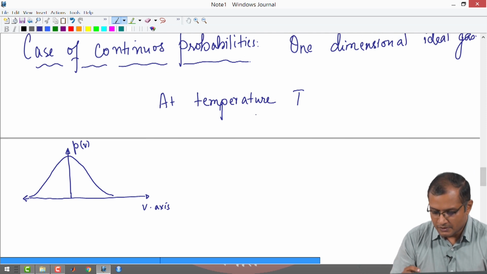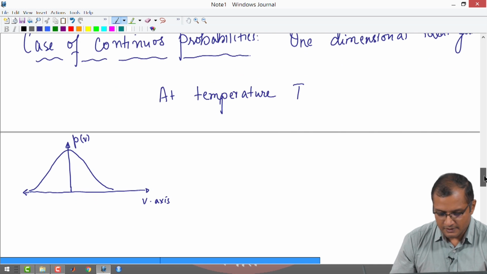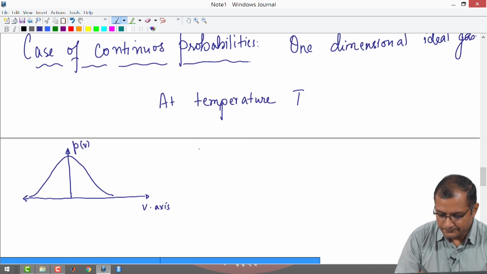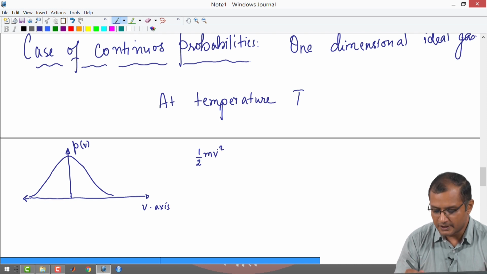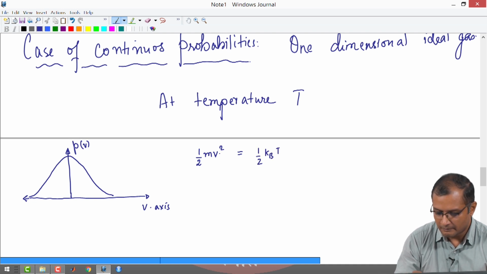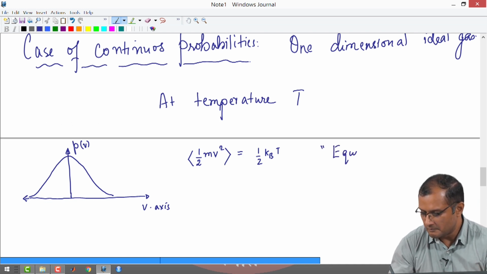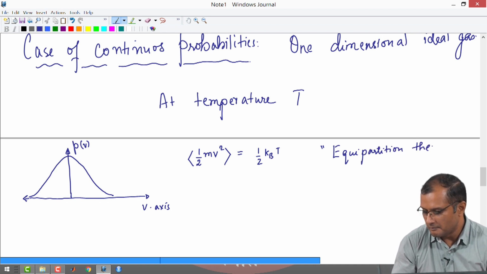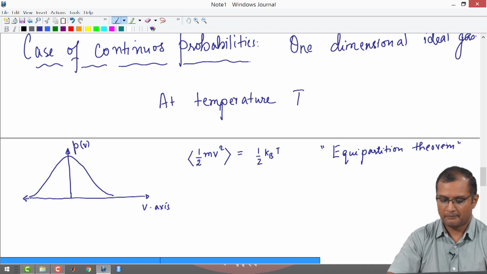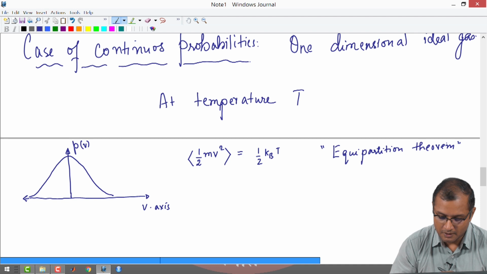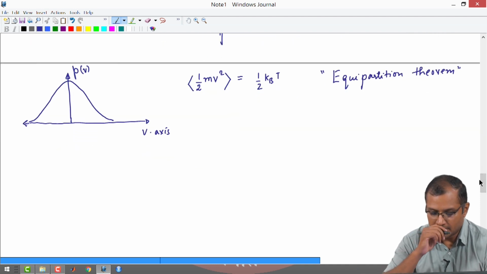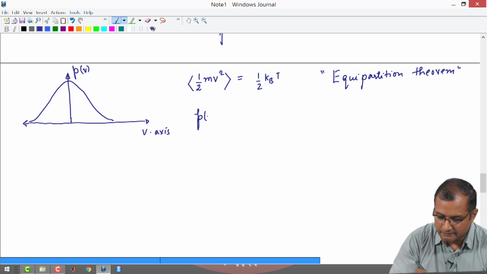What we really know in this case is that my average kinetic energy per degree of freedom is basically half kT by the equipartition theorem. Okay. And I want to know what is my PDF.